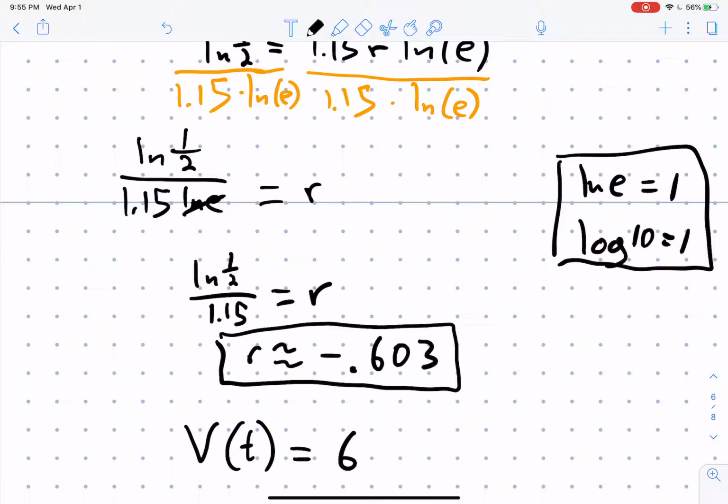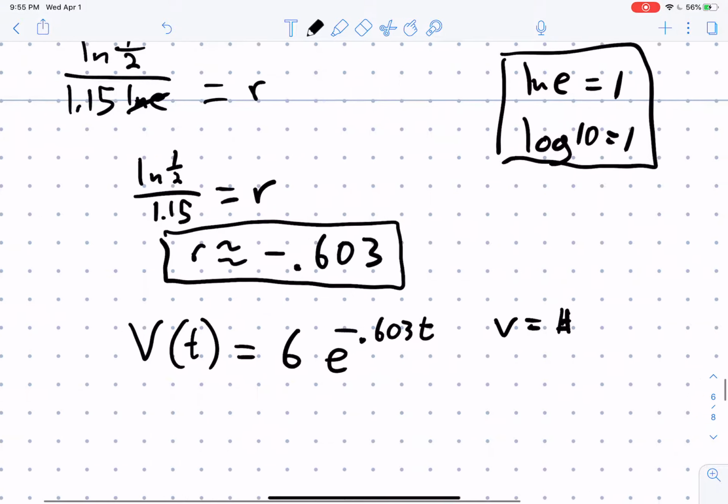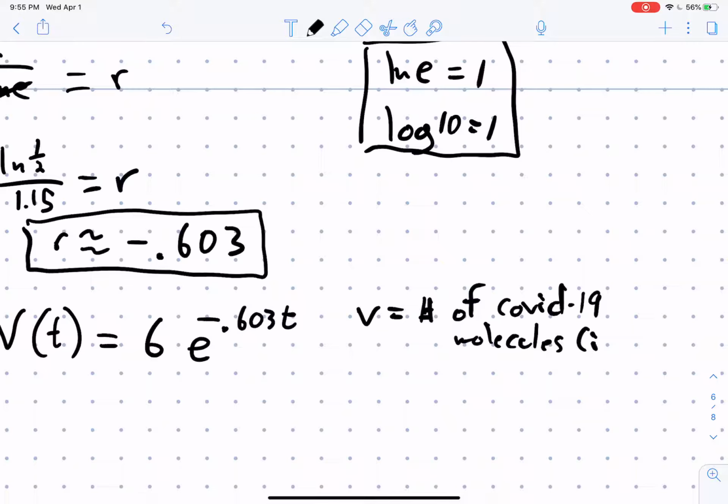It's 6 times e to the negative 0.603 t, where v is the number of COVID-19 molecules in billions remaining at time t, and t is the time in hours.